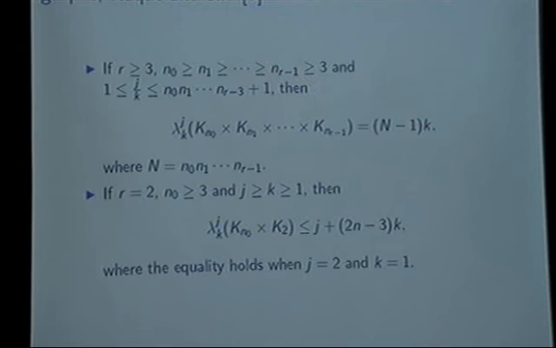And they also distinguish two cases: when all of them are at least 3, or when at least one of them is 2. So again, they show that if, actually K is 1, but if J is at most these numbers, then you can achieve the minimum possible span.